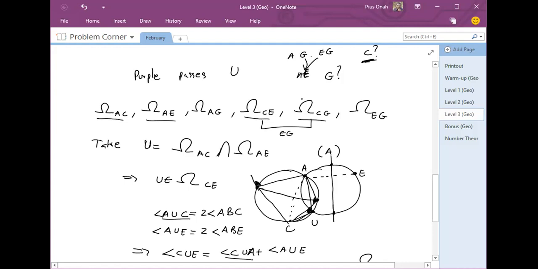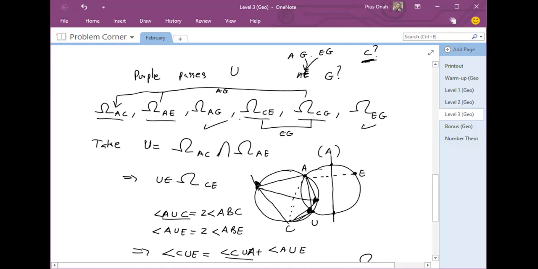If we use the first one, C being common, we have AG also work. So we end up getting the other two. So the question is, how do we bring in the fourth one, at least for the first instance?